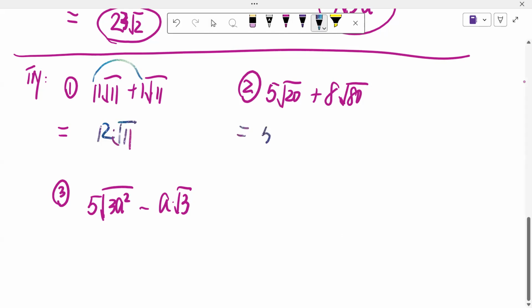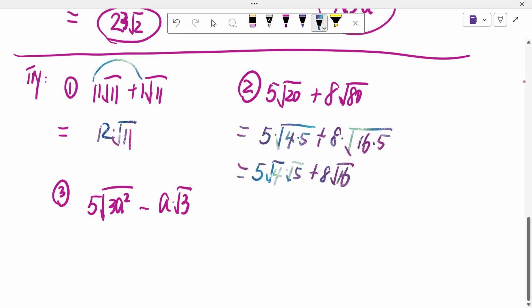Second one, the maximum perfect square going into 20 will be 4. For the other one, 80 will be 16 times 5. And then square root 4 is 2. Square root 16, that's 4.